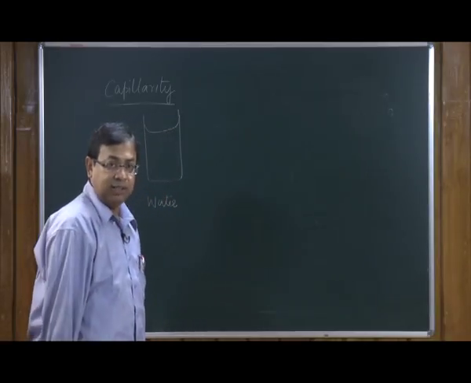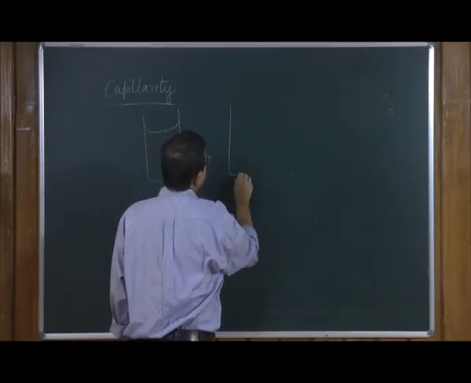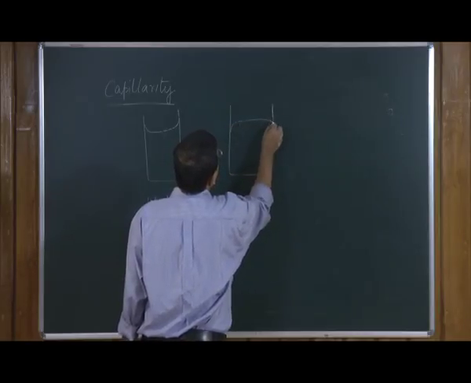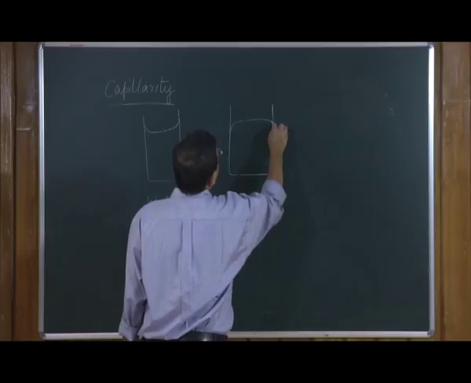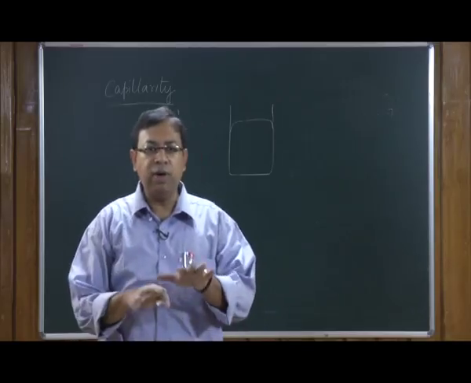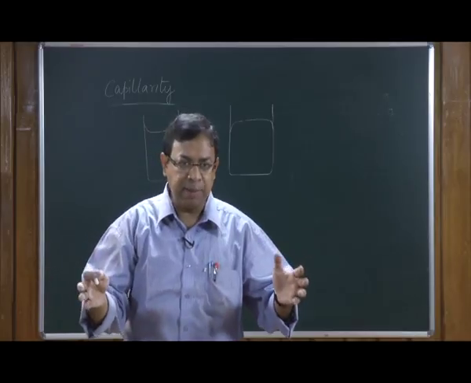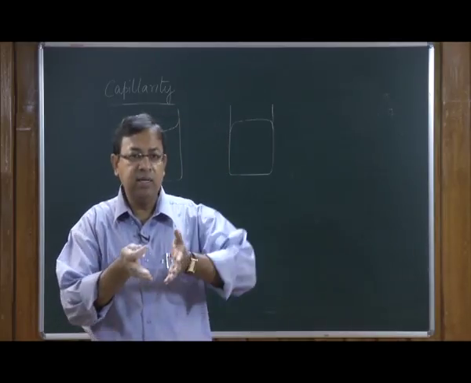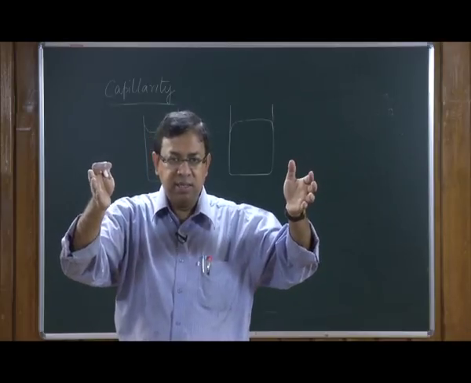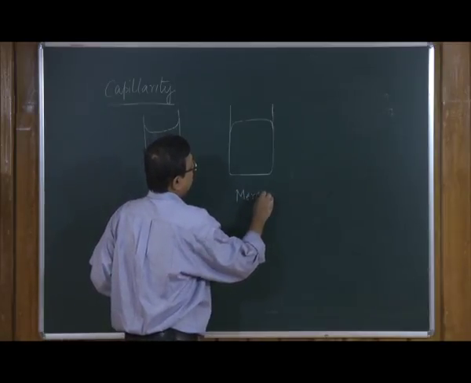And if it is not water, say if it is mercury, then the meniscus is not like that. In fact, it gets lowered. As the surface of a liquid touches the surface of the container it is kept in, where they meet, it will either rise as it does for water or dip for mercury.